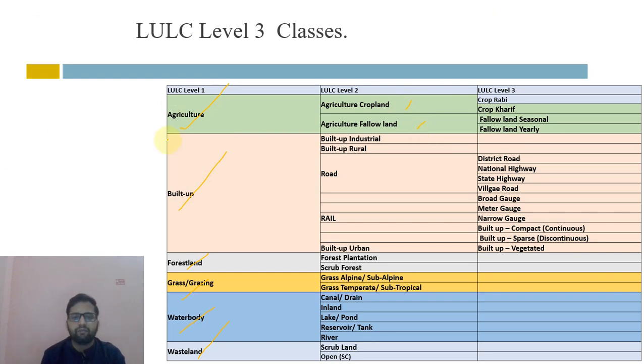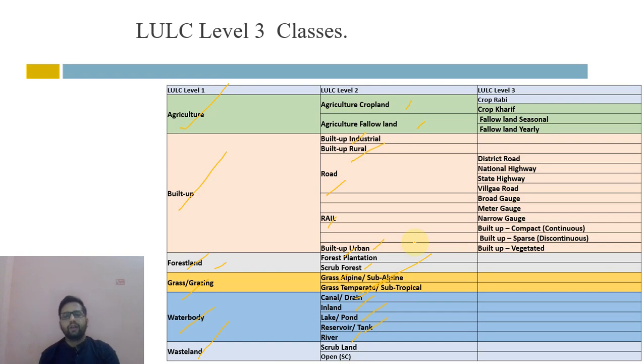And the built up category in level 2 classes is built up industrial, built up rural, road or rail, or built up urban. Then the forest: forest plantation or scrub forest. Grazing: grassland or grass temperate. Water body: canal, inland, lake, reservoir, river. Wasteland: scrubland and open forest.